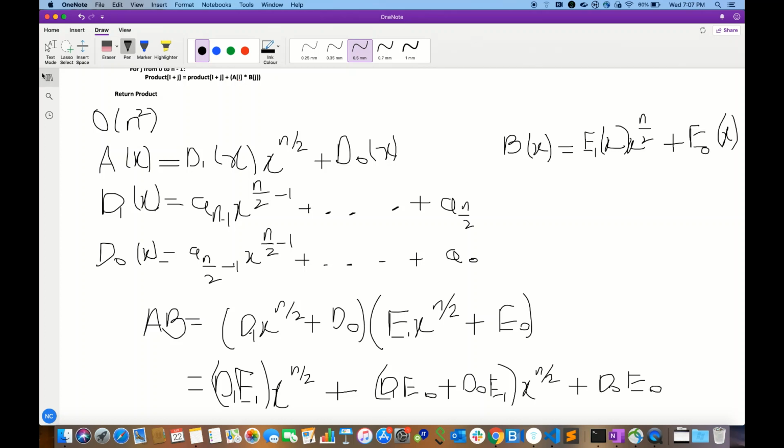I just noticed that by mistake I introduced n by 2, so here it should be n, because n by 2 plus n by 2 in the power will result to n.